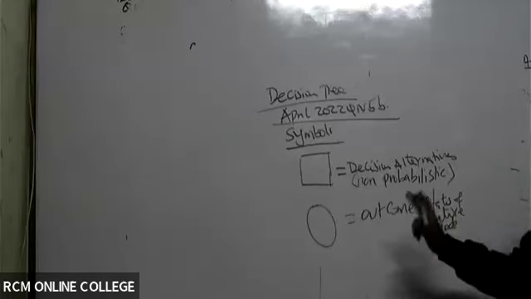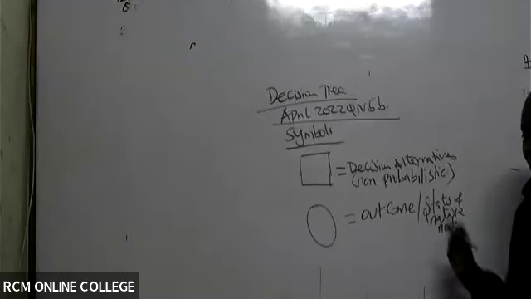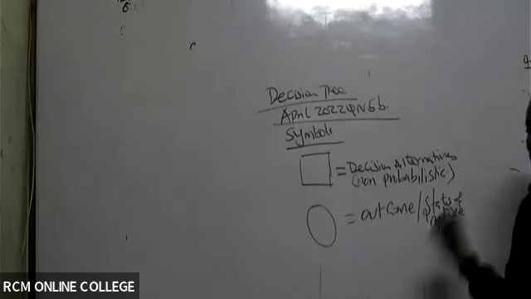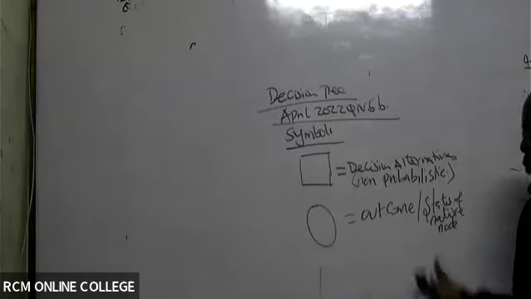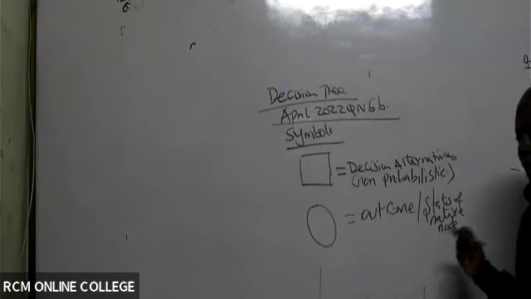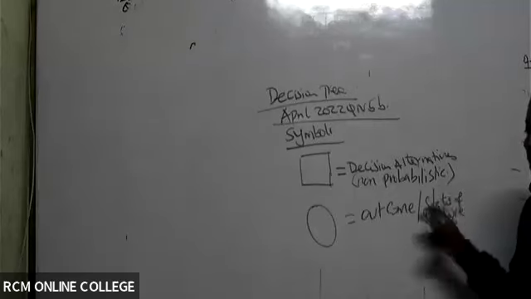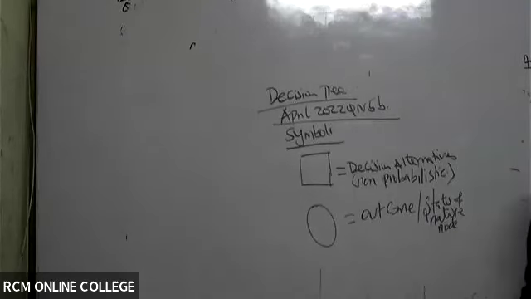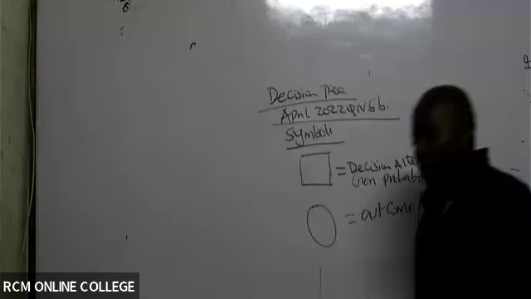You can see it's circular, very slippery, because you are not assured of which outcome you will be able to get. They're also known as probabilistic nodes.